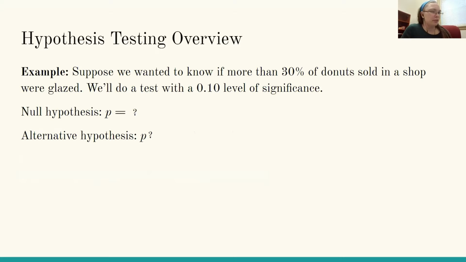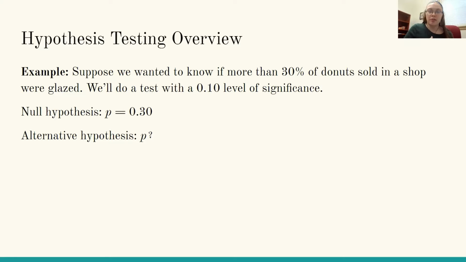So we need our two hypotheses here. The null hypothesis should look like the population proportion P is equal to some number. Here, our best guess, or the expected number for what that percentage should be, is 30%, or P equals 0.3.